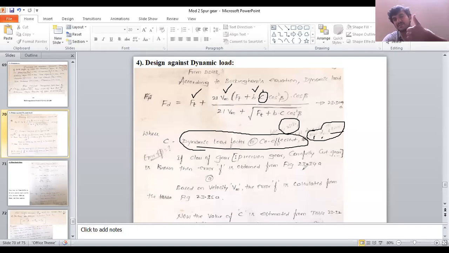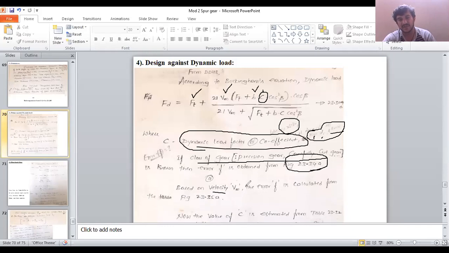One is the type of gear cut: whether it is a precision gear, class 1, class 2, or class 3 cut. Or else, based on the mean pitch line velocity. If you know the class of cut, then refer to equation number 23.34 to calculate the error.